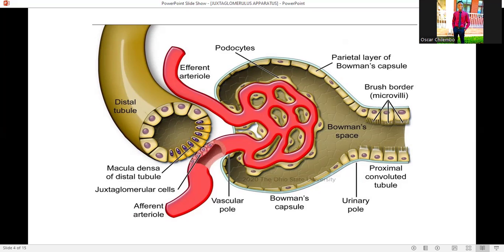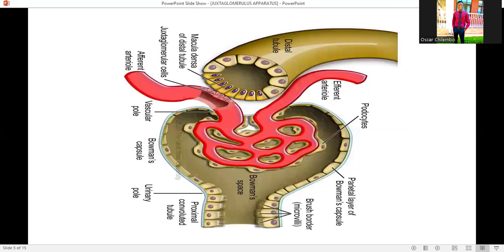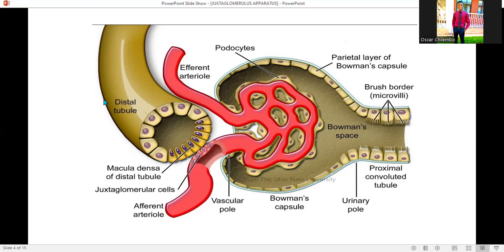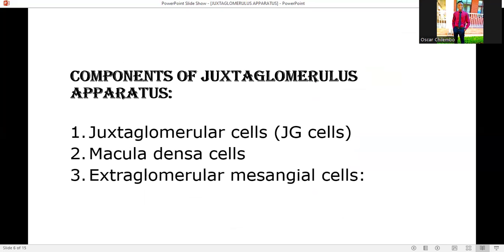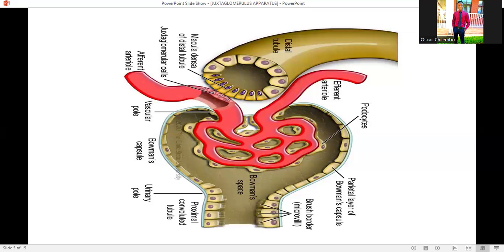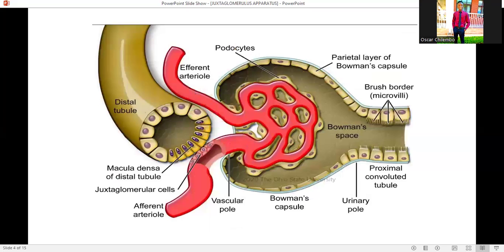Then around this, there's what we call a triangle, actually. It's a triangular area. That's where we find the extraglomerular mesangial cells. The extraglomerular mesangial cells are found in that triangle that I was describing here.